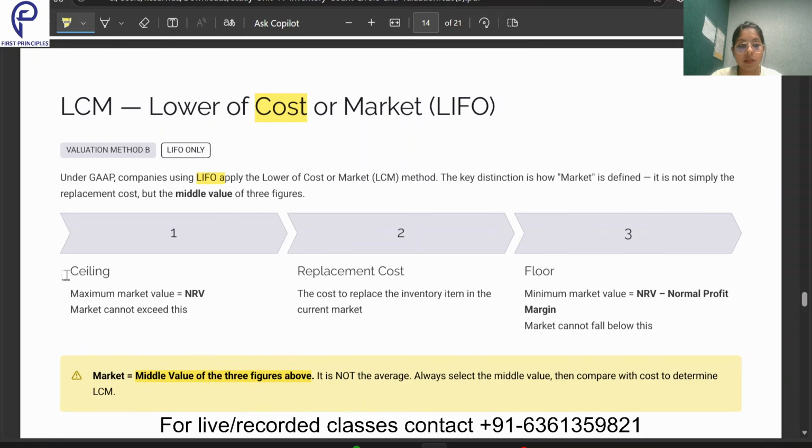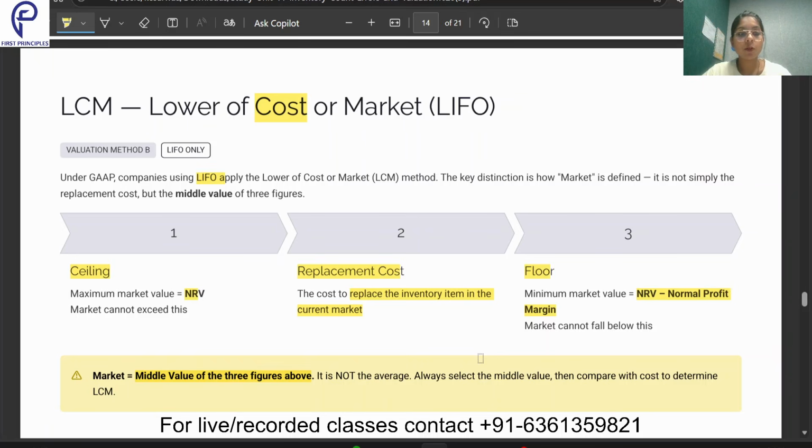Which 3 figures? Ceiling, that is the NRV. Then the replacement cost, that is the cost to replace the inventory item in the current market. Then the floor value. Floor value will be NRV minus normal profit margin. So whichever is the middle of these 3 values, that will become my market value of my inventory.